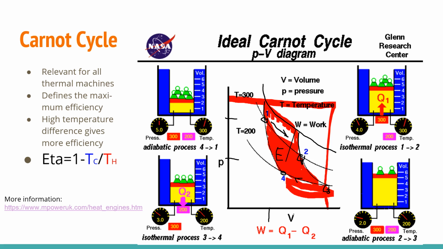So now, if we go to numbers and the relevant things, it is relevant for all thermal machines. But it should be mentioned that every thermal machine, like a steam power, a gas turbine, and so on, has a little bit different diagram. It may look a little bit square shaped or whatever. Even your fridge has this diagram because your fridge is nothing else than a so-called Carnot machine. It works in a different direction.